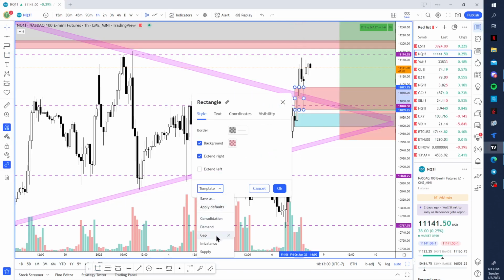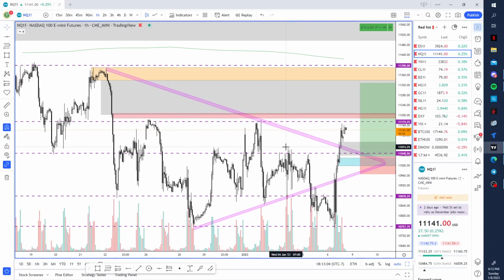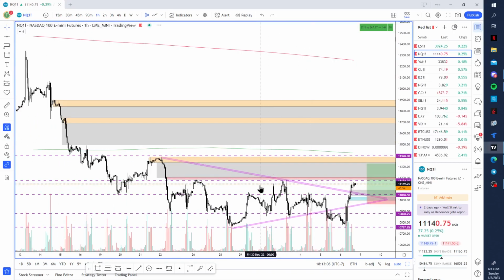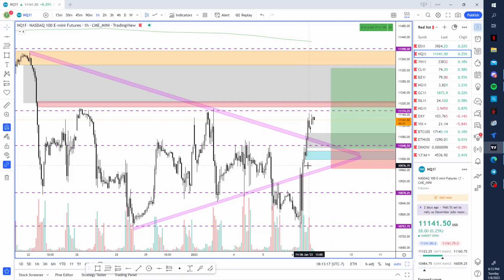Price is going to look to fill the imbalance first prior to anything else. That's why I think we're going up versus down, because everything here is filled. This is a balanced market, whereas this is imbalanced. But you're making these smaller imbalances on the way up that are probably going to come back, retest, and then you're going to finally get this big move up to fill this one.